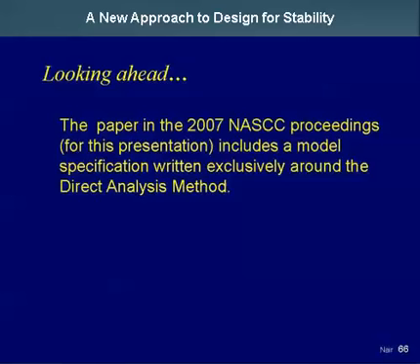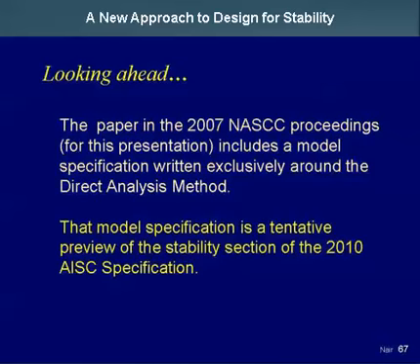Well, in this model spec that's in an appendix to this paper, the direct analysis method is the only method. The whole spec is written around it. And this model specification is a tentative preview of the stability section of the 2010 AISC spec.